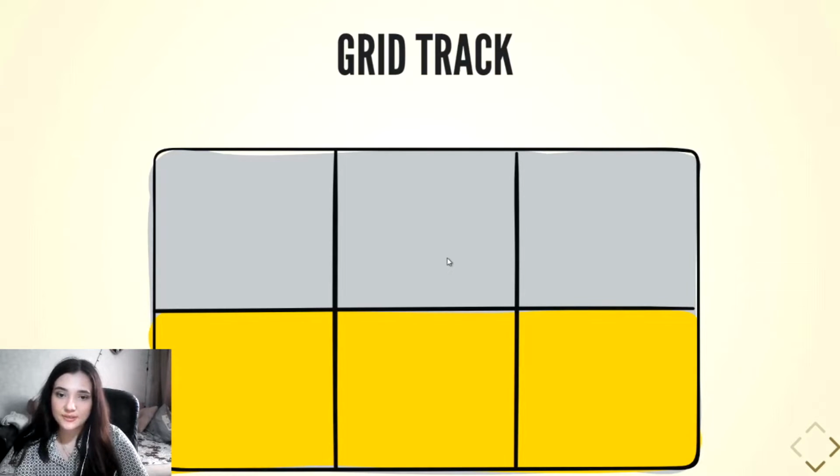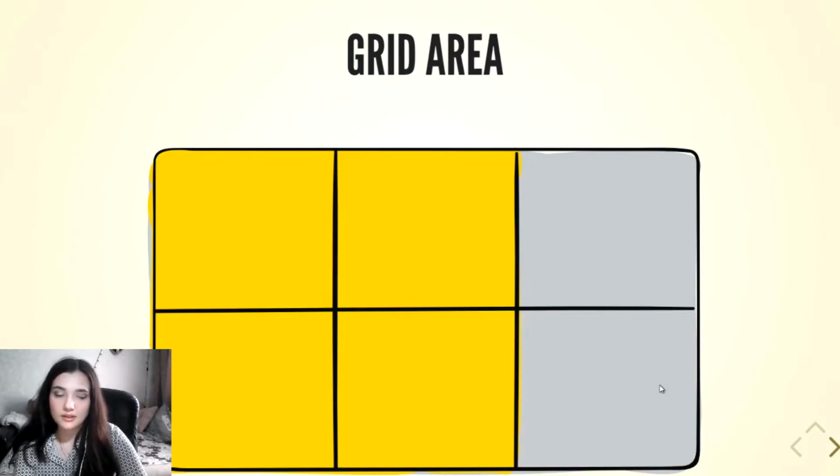You can think of them like the columns or rows of the grid. Here is the grid track between the second and the third row grid line. Grid area is the total space surrounded by four grid lines: first, second, third, and fourth.